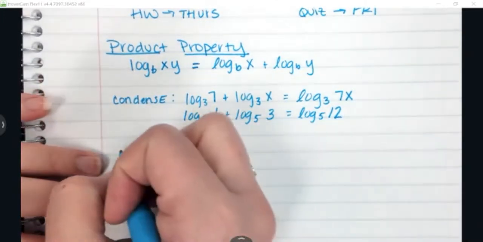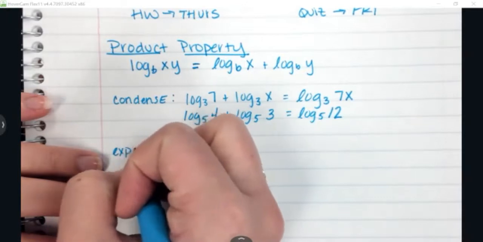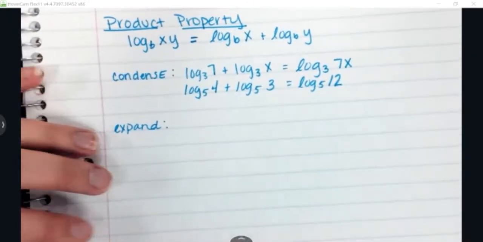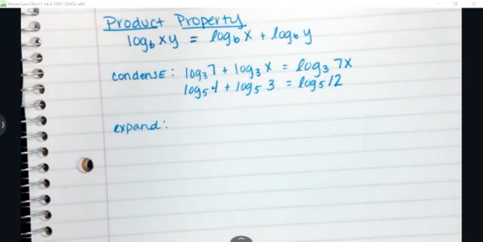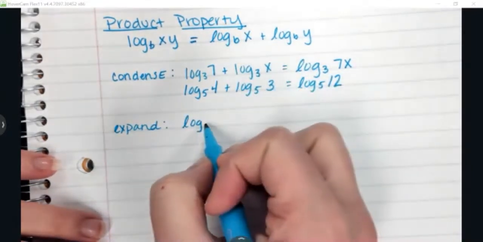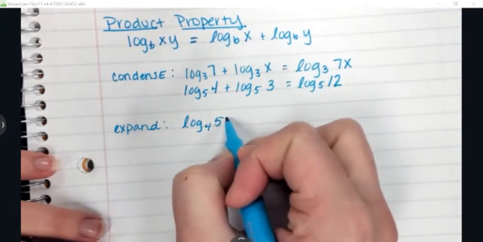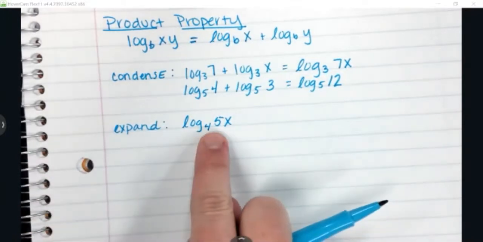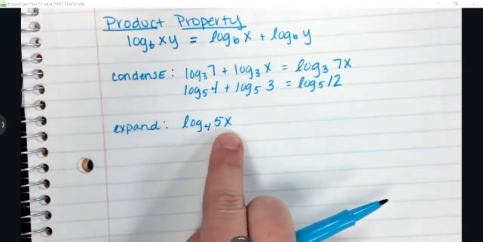I could also go the other way and ask you to expand. Expand would be to get more than one log. Make it long, make it more logs. So if I give you log base 4 of 5x, I have a 5, I have an x. That's two things.